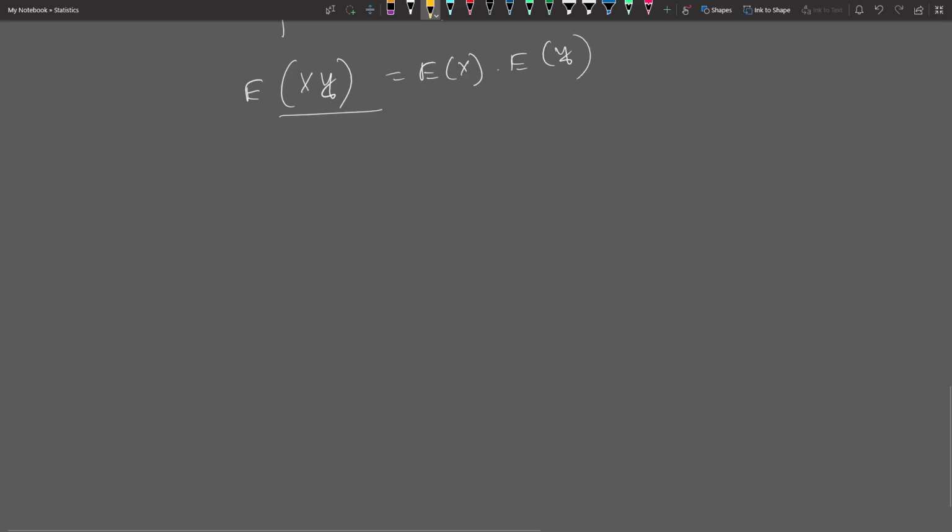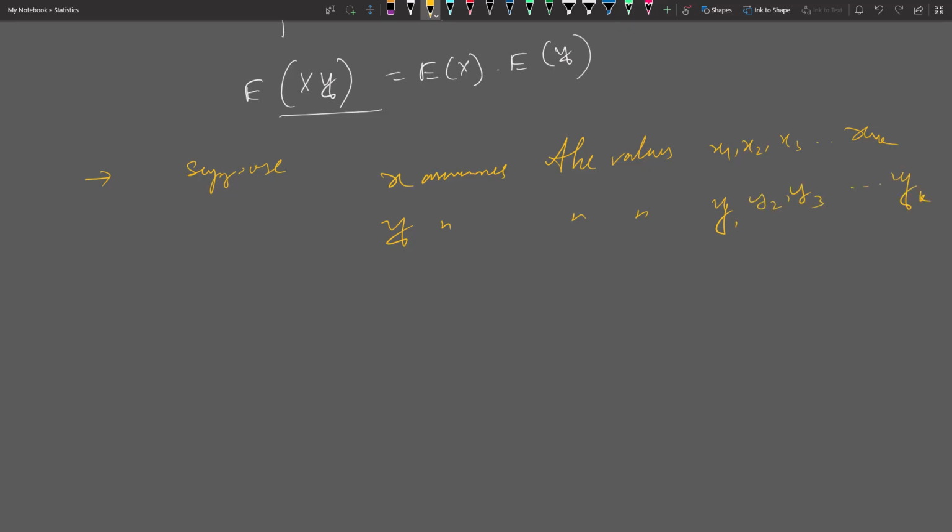Suppose X assumes the values x1, x2, x3 up to xk, and Y assumes the values y1, y2, y3 up to yl. Sorry, this is up to xk and this is up to yl.